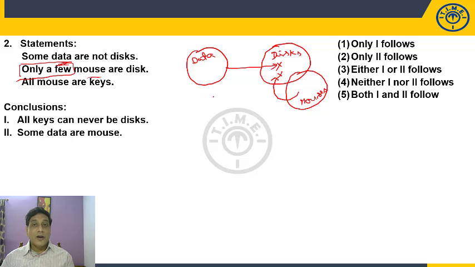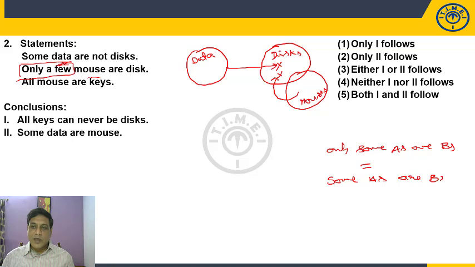Got it? Now understand one thing. Only some A's are B's. It means that some A's are B's.